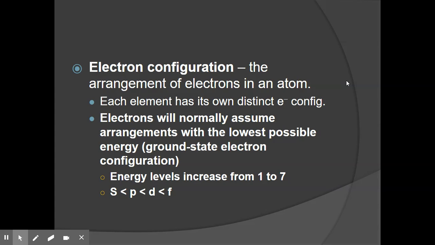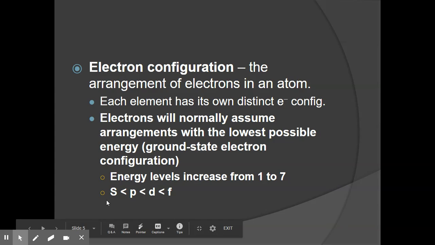We talked about that in the last unit when we talked about the emission spectra that Bohr used to base his model off of. So an electron in the first energy level has a lot less energy than something in the 7th, and the s orbital is the lowest energy orbital in that energy level, and then f would be the highest for the ones that have an f orbital.